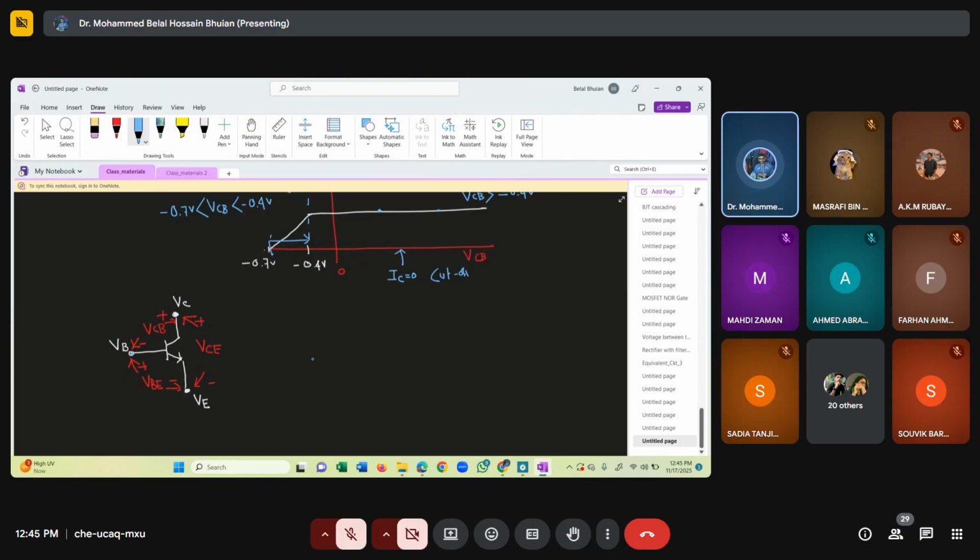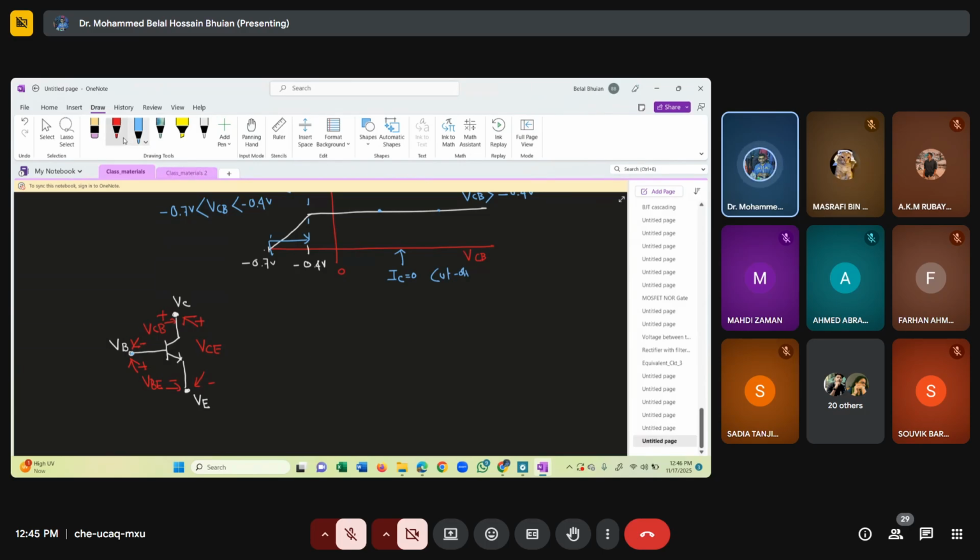And also we can measure voltage between base and emitter, between base and collector, between collector and emitter. So let's put the notation such that between base and emitter we call it VBE, between collector and base we call it VCB, and between collector and emitter we call it VCE. Okay, and the polarity sign is given this way.